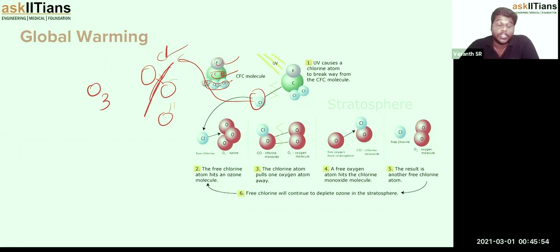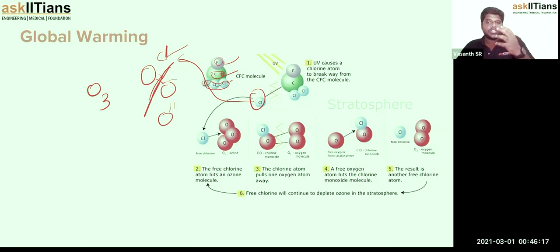So this process will result in depletion of the ozone layer because of the CFC. This CFC is also a part of greenhouse gases. So because of the UV rays working on CFC and depleting the ozone layer, which is helpful in blocking the UV rays from the sun.